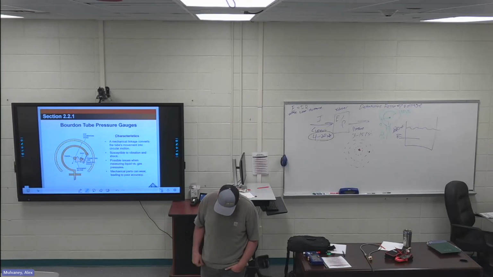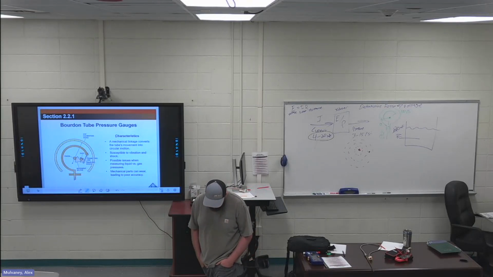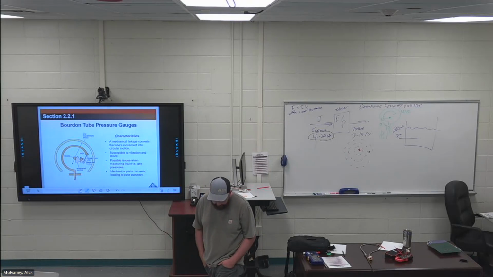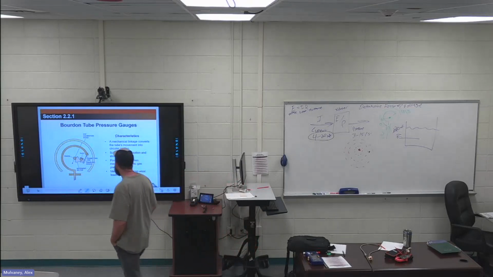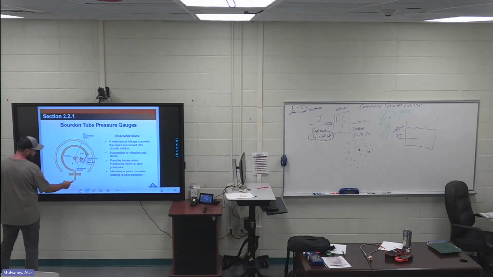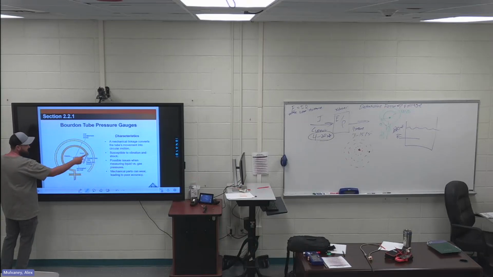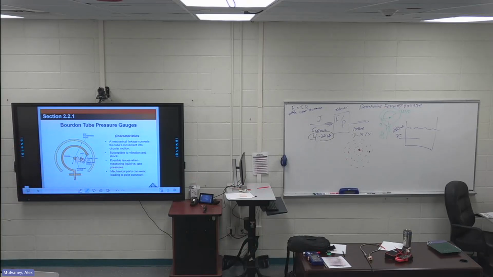Second paragraph, last two sentences. The material of the tube is selected for its elastic properties. It deforms under pressure, then returns to its original shape when pressure is removed. So the metal this is made out of is determined based on your pressure. Lower pressure stuff, like your car, is actually pretty low pressure, right?